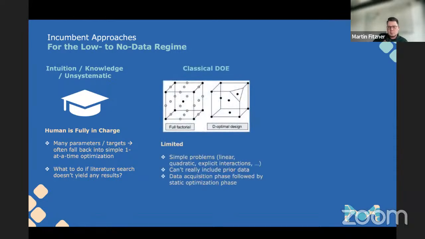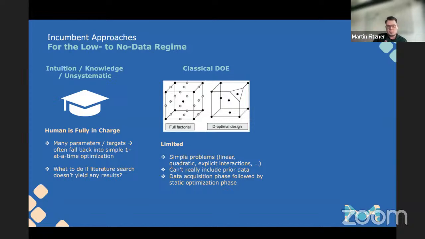And so there has been work that precedes Bayesian optimization, at least in the modern sense, which is this classical DOE thing. And that's really everywhere. It's really a workhorse in this field. What you do there is you have a very strict planning phase where you plan your parameter bounds and do measurements there, and you do a subset of the possible combinations based on some mathematical criteria, which of course makes sense.